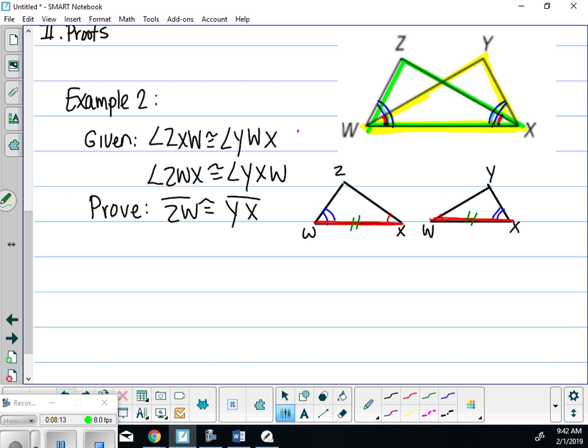Angle, side, angle. Is that a theorem that we can use? Absolutely. So the triangles are congruent by angle, side, angle. And then we can say that ZW has to equal YX by CPCTC. So that's kind of the outline of what we're looking at. Now we just have to write it.